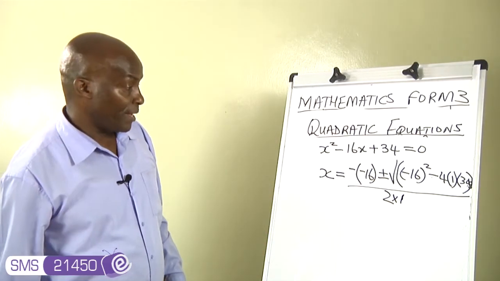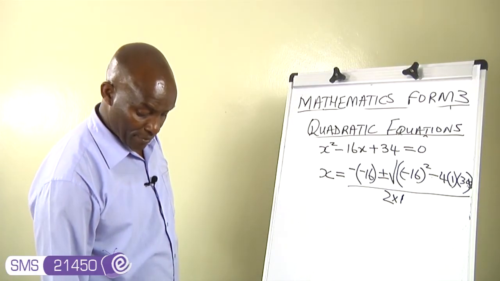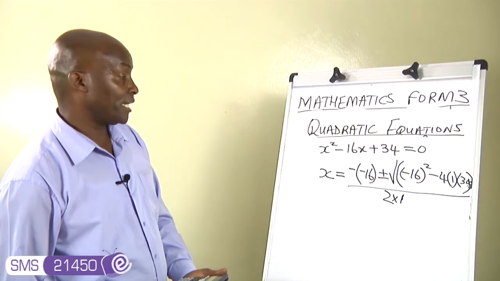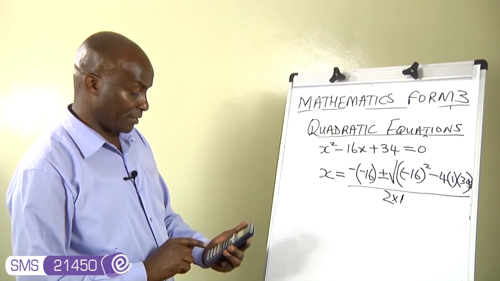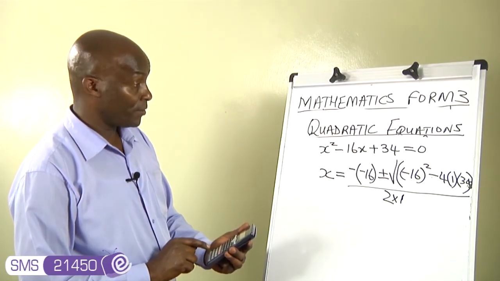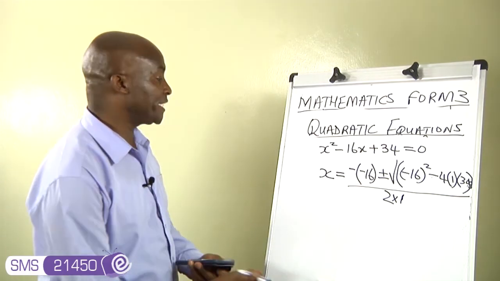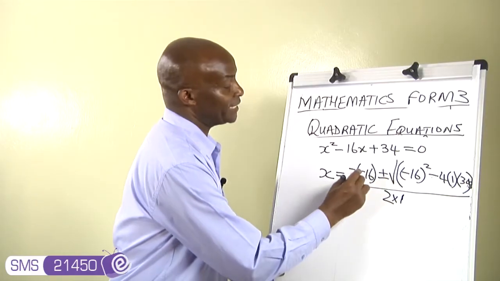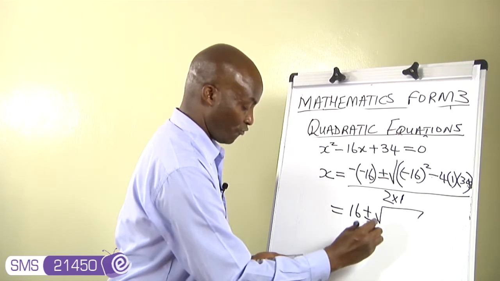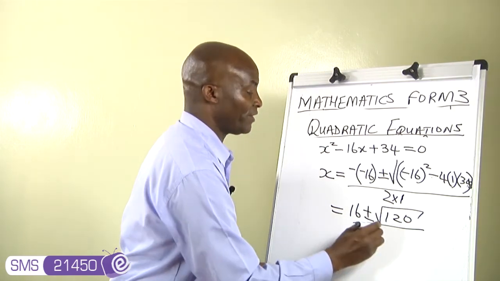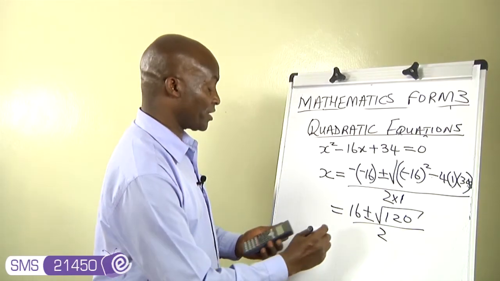The discriminant will be negative 16 squared, that is 256. 256 minus 4 times 34 should give you 120. So this is equal to 16 plus or minus square root of 120 divided by 2, and the square root of 120 is 10.95.